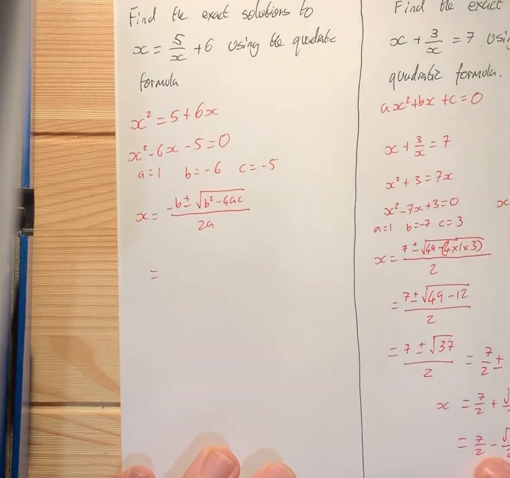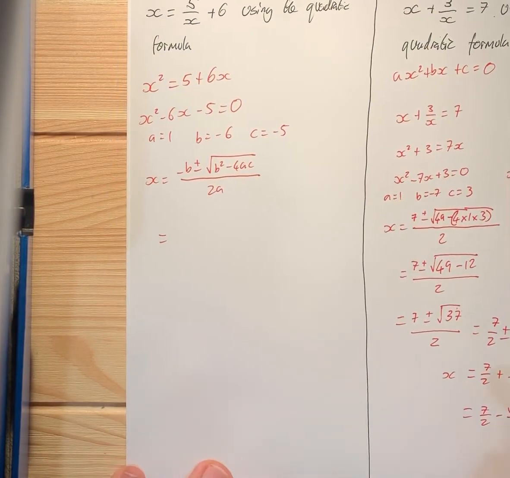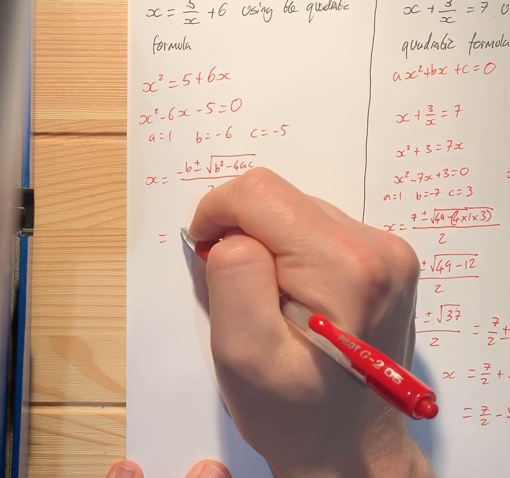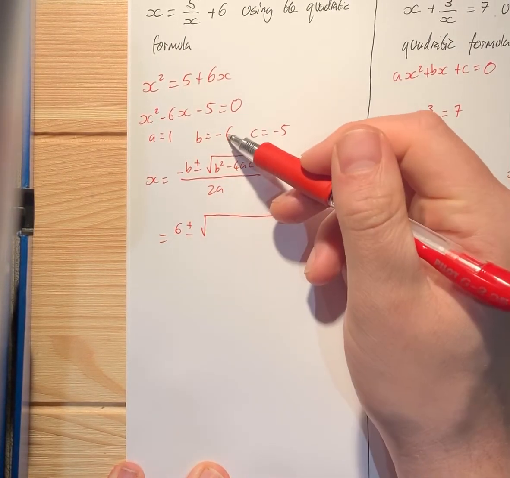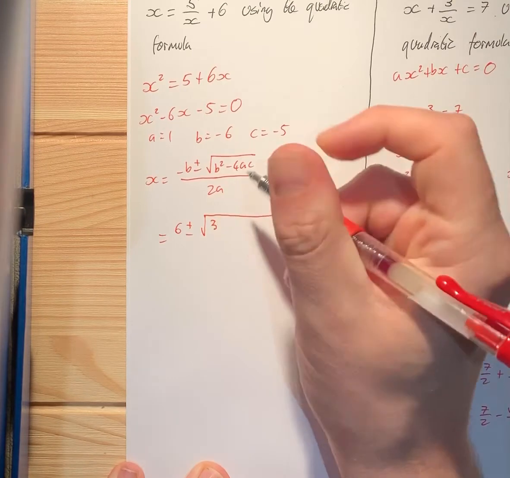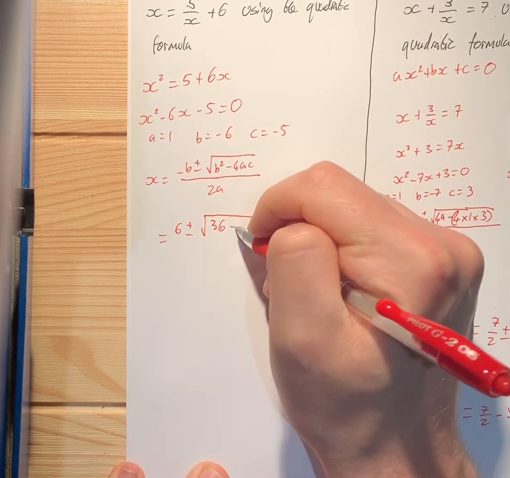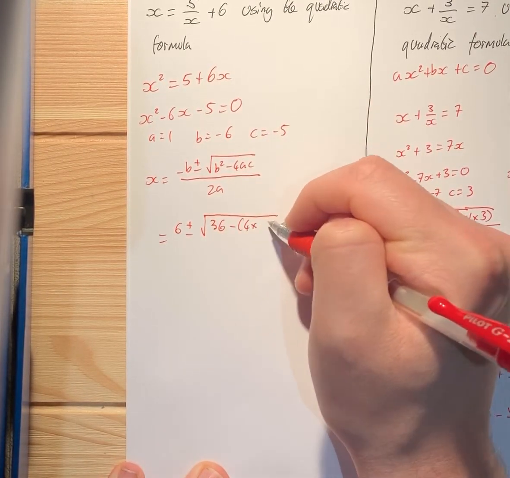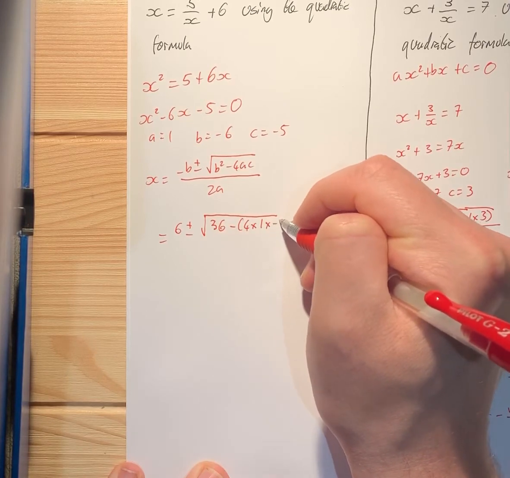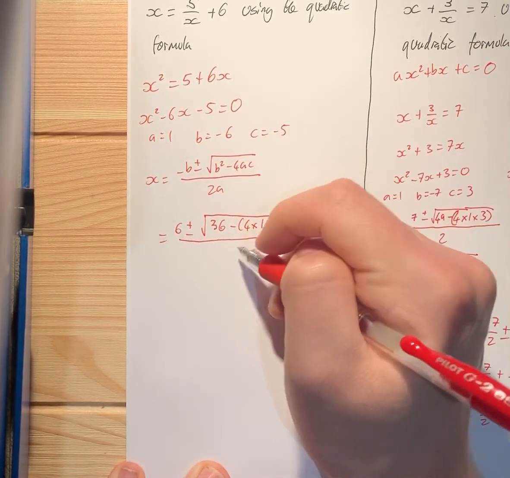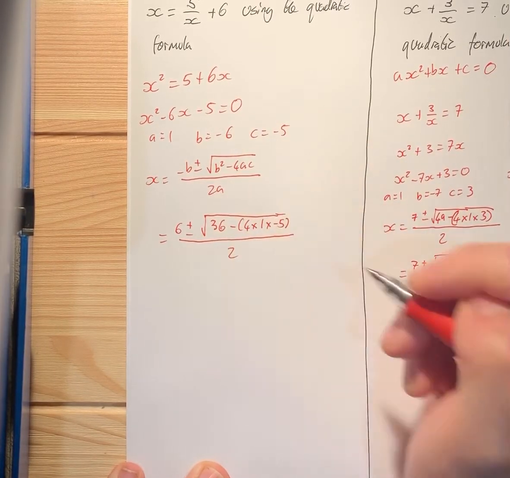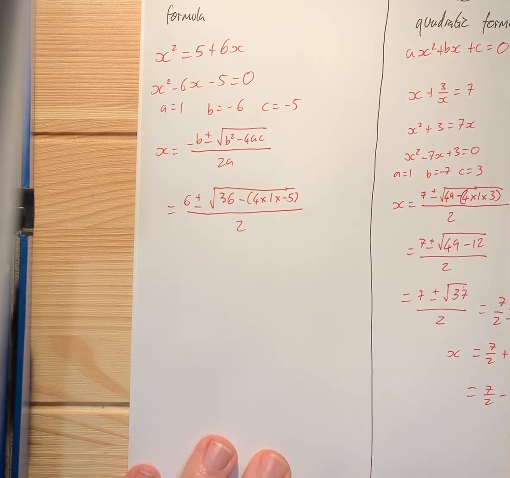Substitute your values in. Be really careful with our negatives, okay? Minus 6, so that's going to be 6, plus minus the square root of b squared, minus 6 squared is 36, minus 4 times 1 times minus 5, all over 2a, all over 2 times 1.